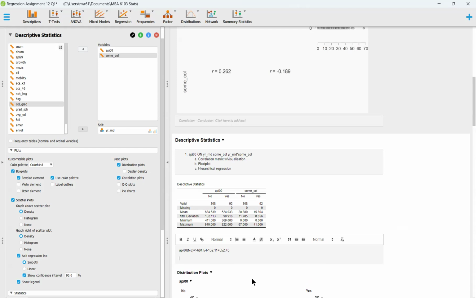Now under some college. Some underscore college. So two.